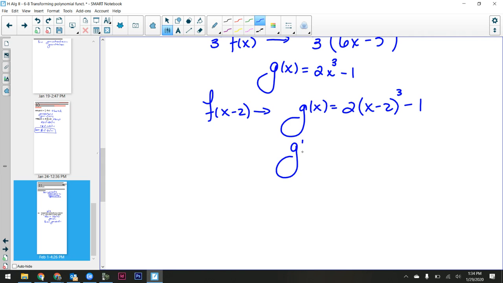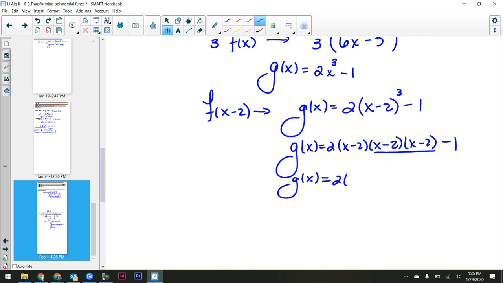So g of x is 2 times x minus 2, x minus 2, x minus 2, minus 1, just like we did over there before. So g of x is going to be 2, and then I'm going to multiply these two together. Square the first, double the product, square the last.